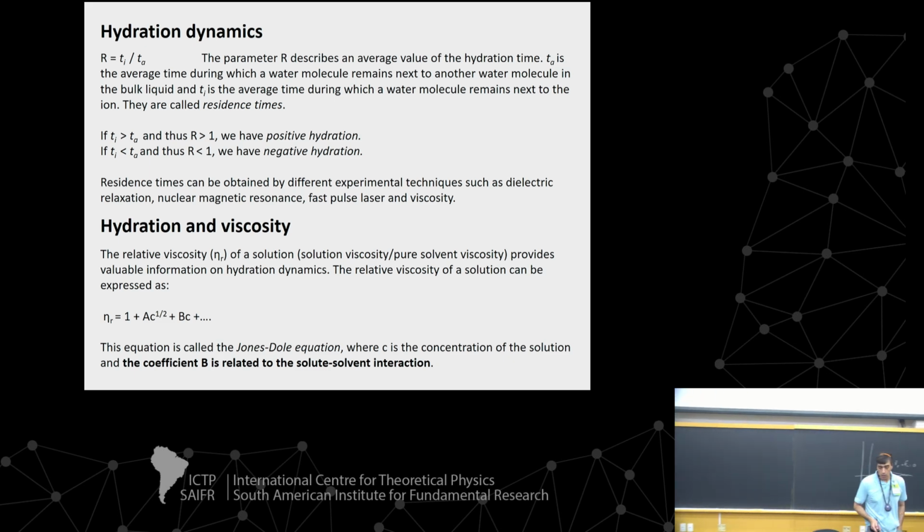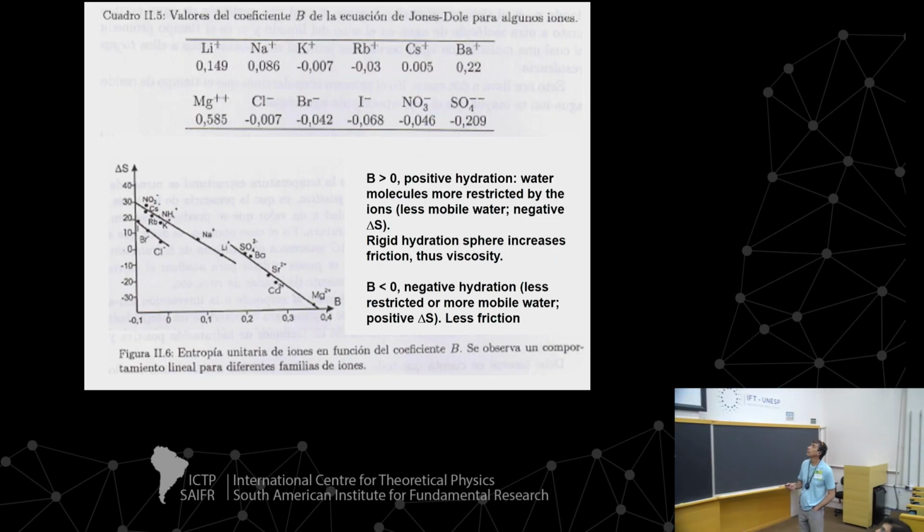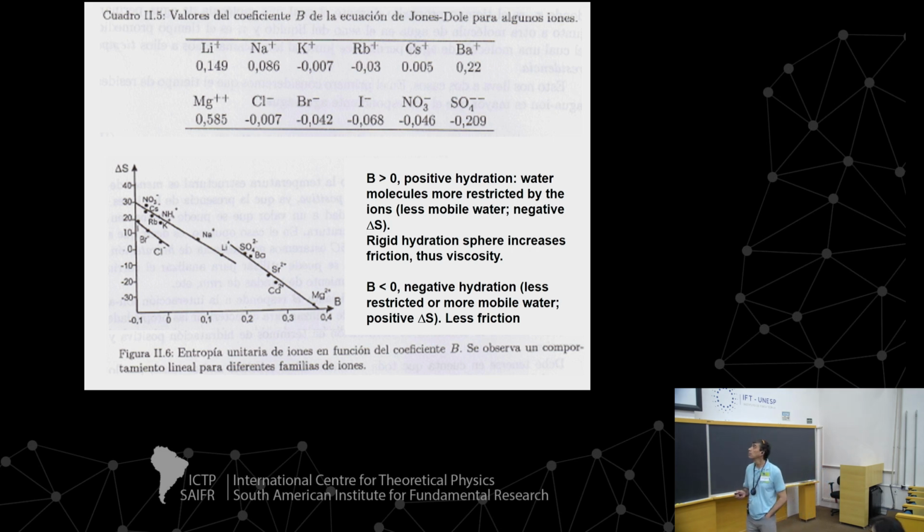Here we have this coefficient for different ions. For example, this is lithium. This is larger than 1 in this case, but we also can have very low values for this coefficient, close to 0, and also negative values.